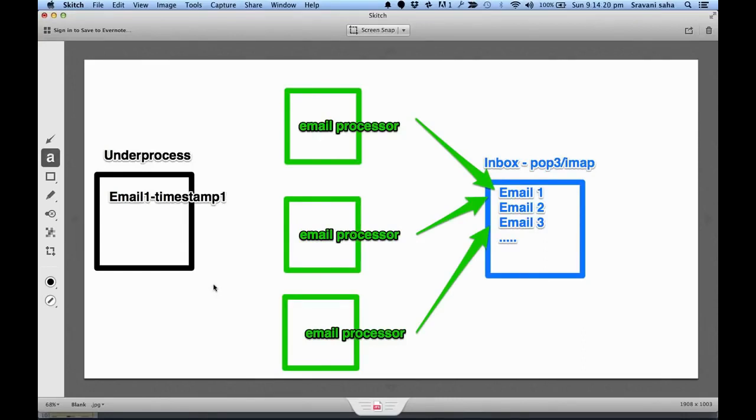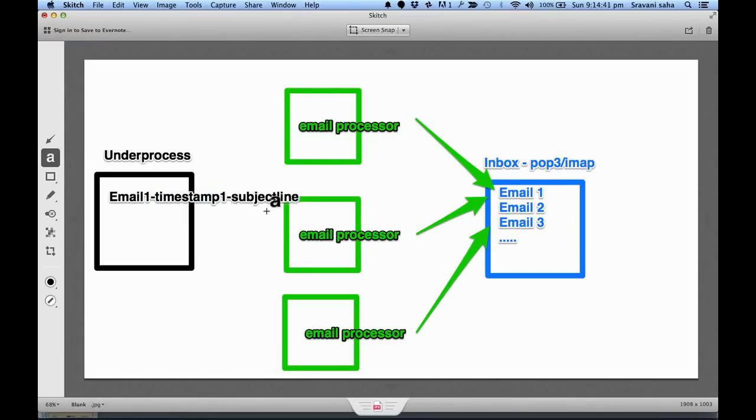So what happens is every time you have these kind of problems, you invariably have to have something like a whiteboard where first email processor picks up an email, marks it that email one with this timestamp and this subject line is under process.